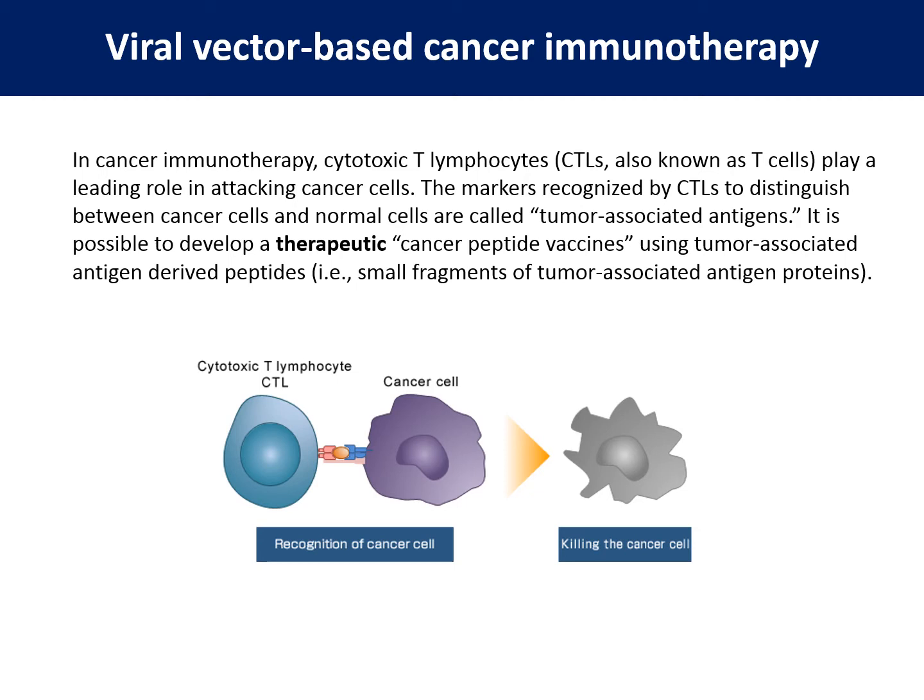So basically, it is possible to develop therapeutic cancer peptide vaccines using TAA as the vaccine antigen, in which this TAA can be recognized by cytotoxic T lymphocyte or CTL.